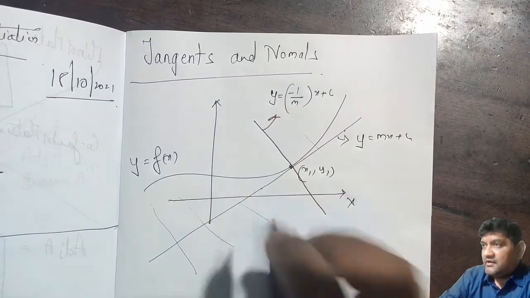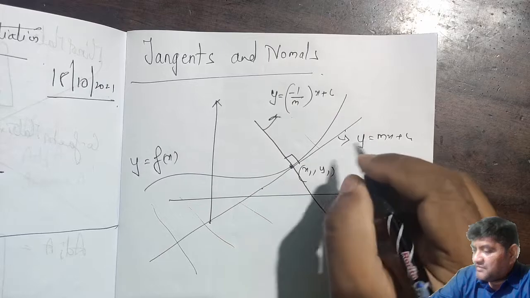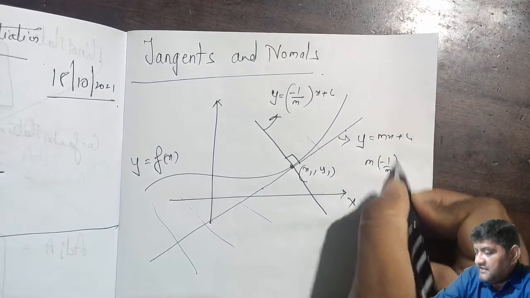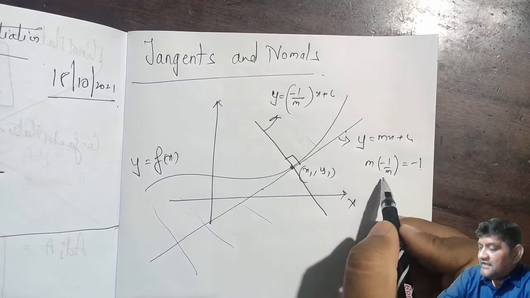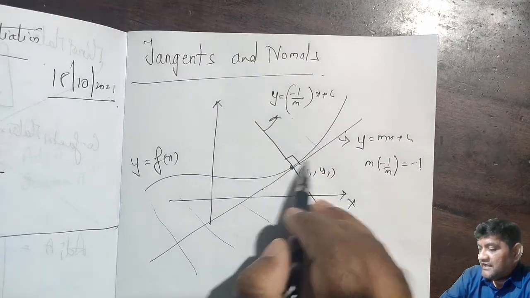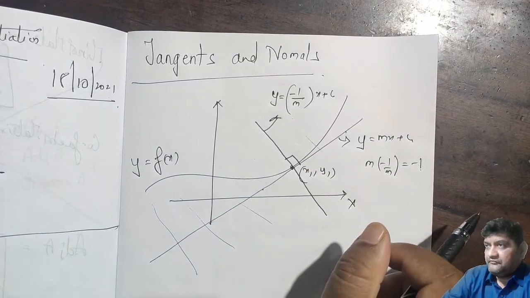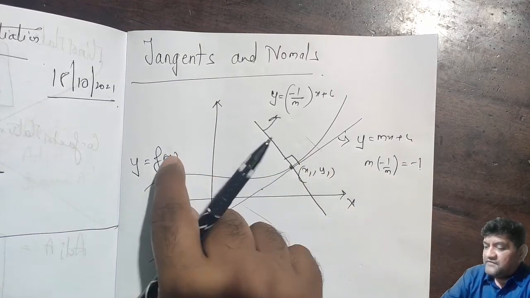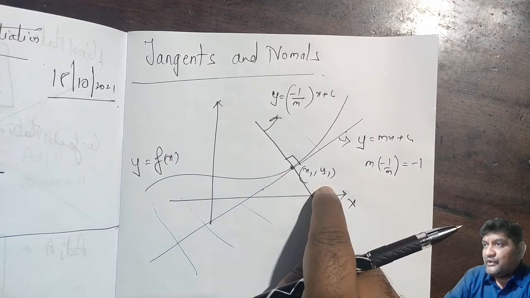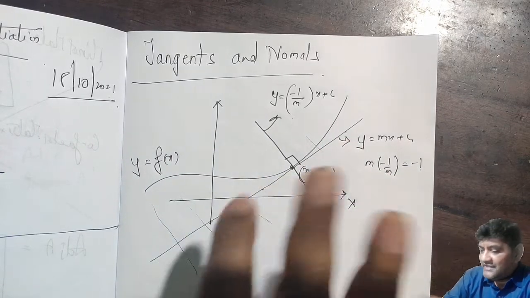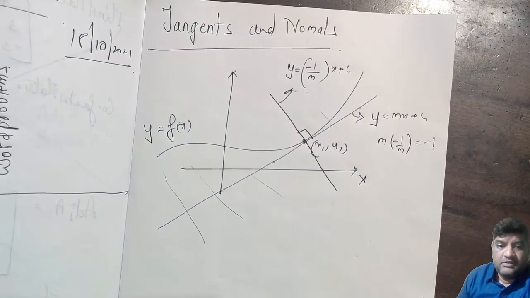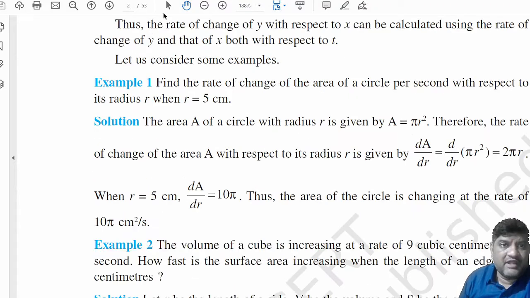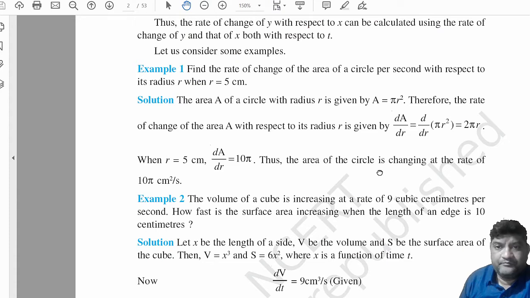Because I know that when two lines are perpendicular, the product of the slopes has to be -1, and therefore the perpendicular slope will be a negative reciprocal. How do I find the slope? Differentiate the function, substitute the point, and then you find the slope. That is all. Rate measure anyways you don't have, so you don't need to break your head on that.